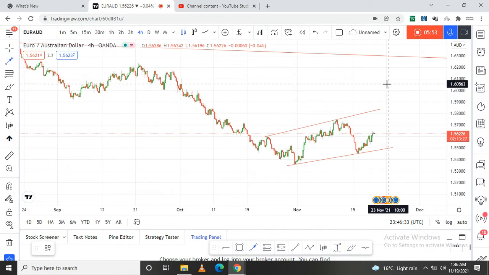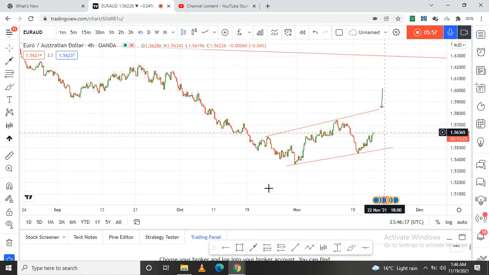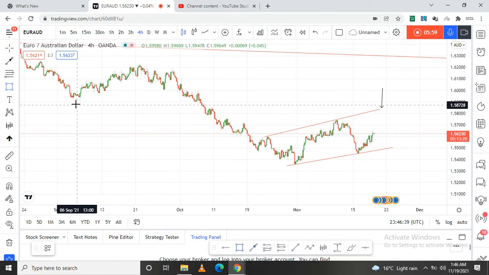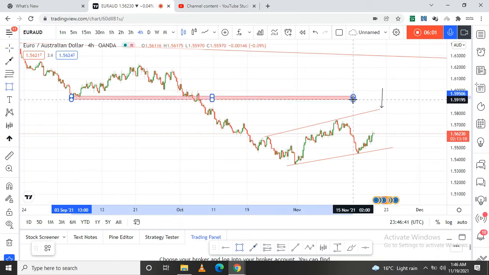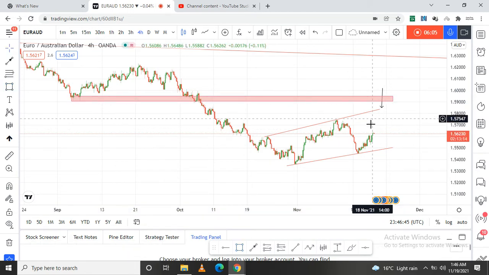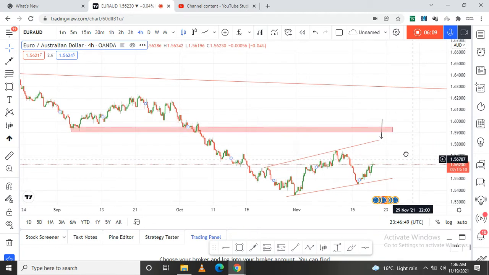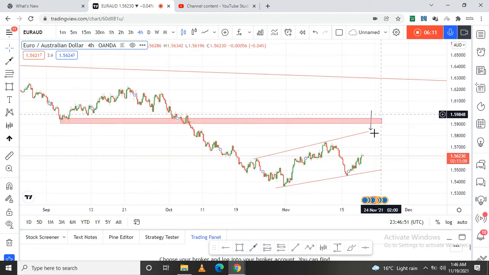So our entry point is going to come once the price reaches that level. And you can see from that area, we have some sort of a zone there. So in and around that zone, we're going to get our first sell entry point.